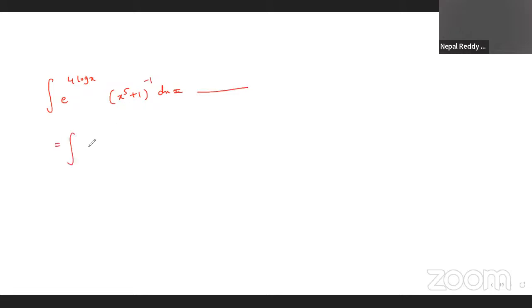Here you can write this as integral e power log of x to the power of 4, next, this is 1 by x power 5 plus 1 into dx. Therefore, integral x power 4 into 1 by x power 5 plus 1 into dx. Now, you have x power 4 by x power 5 plus 1 into dx.